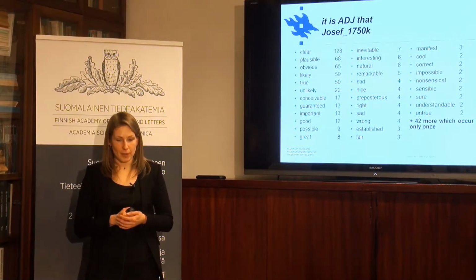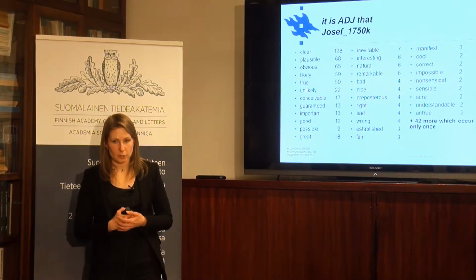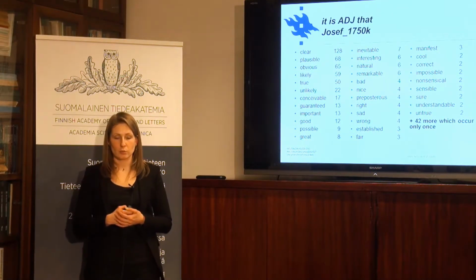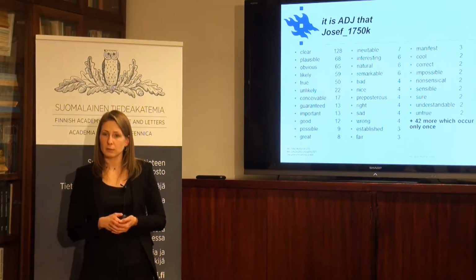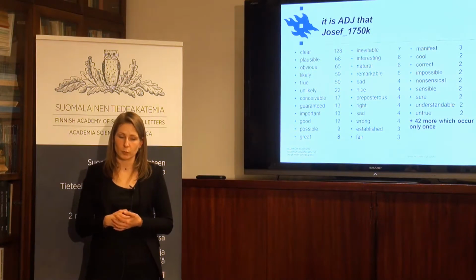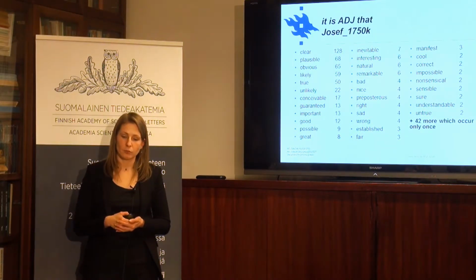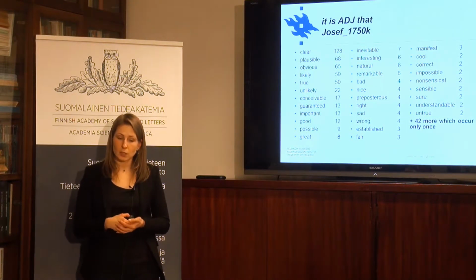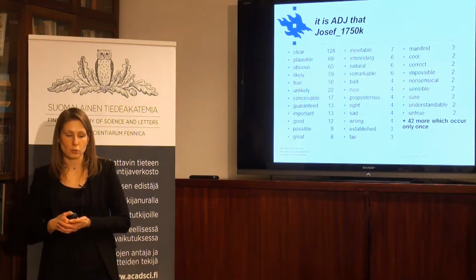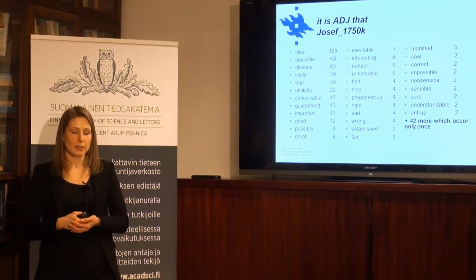What's interesting about this distribution is that there are some adjectives which he uses very frequently, like it's clear. It seems like it's clear that is the most frequent way he uses this construction. And he also says very often it's plausible that, it's obvious that, it's likely that, it's true that, it's unlikely that, etc.